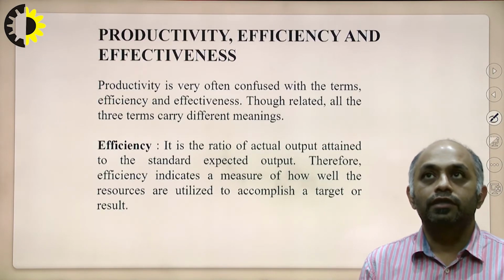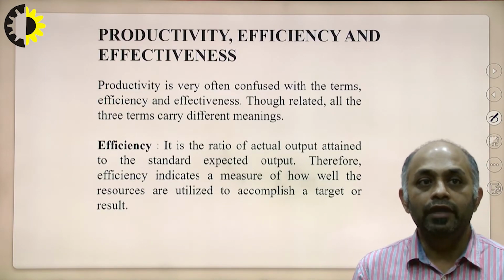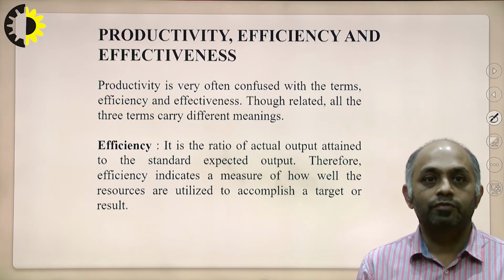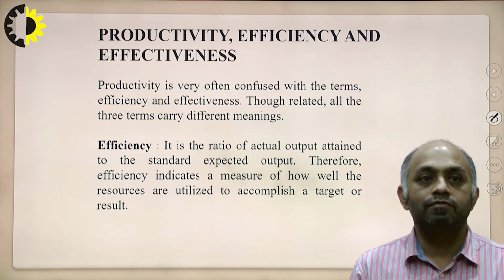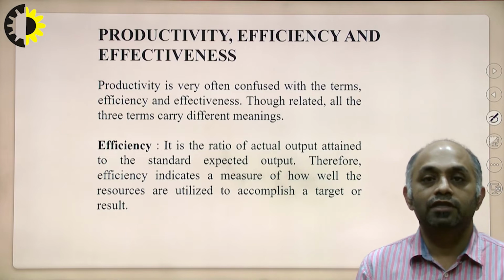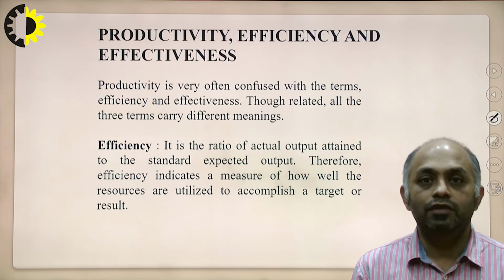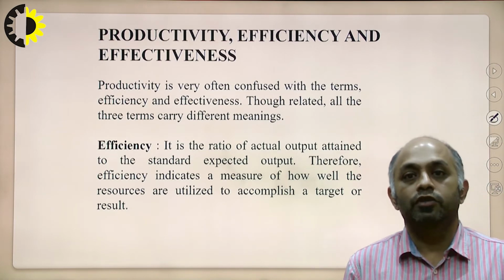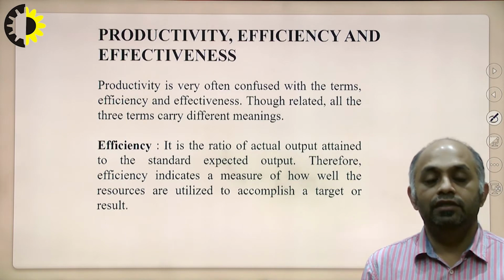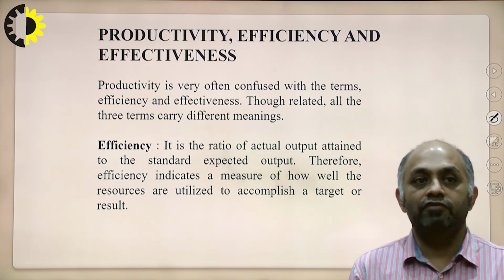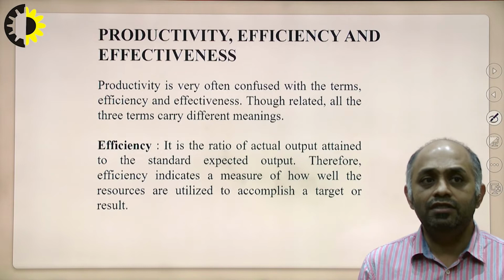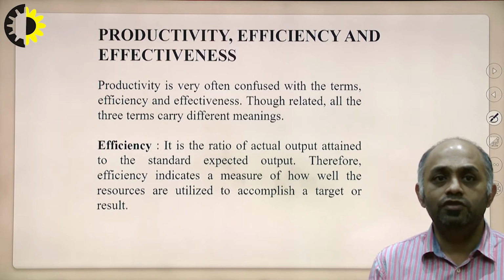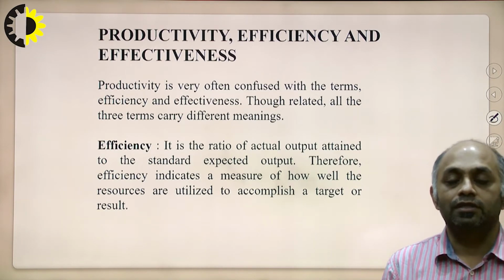So there is a link between these 3 terms, that is productivity, efficiency, and effectiveness, because once I go to productivity index and the way to measure it, we have to talk about the productivity and the relationship with efficiency and effectiveness. So if we really see, productivity is very often confused with the terms efficiency and effectiveness.